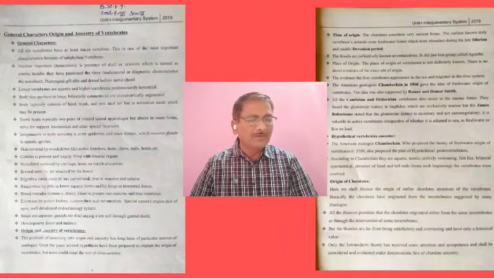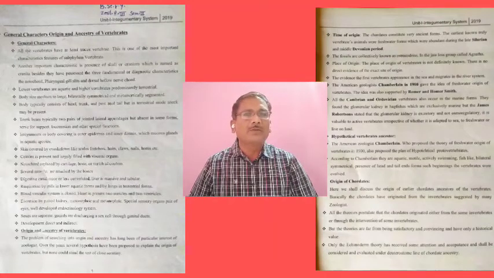These are the famous Cambrian and Ordovician periods. These scientists collected information about the origin of the vertebrates, which are present in fresh water and marine water, mostly marine water, and travel or migrate toward fresh water or onto the land.